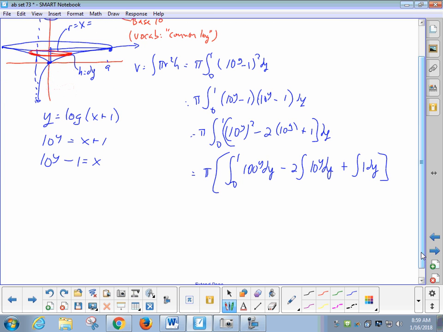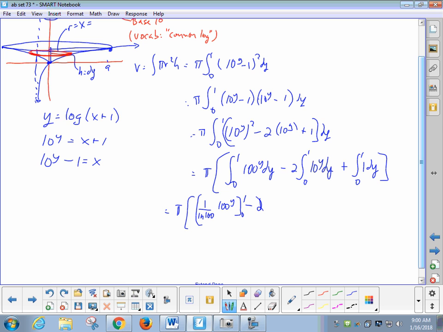What is all from 0 to 1? What is the antiderivative of 100 to the y? 100 to the y, over natural log of 100. 100 to the y from 0 to 1.